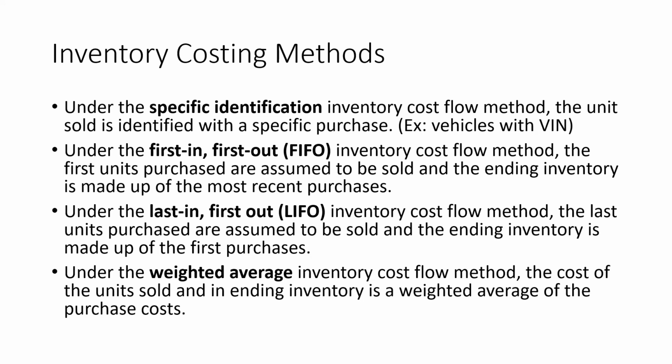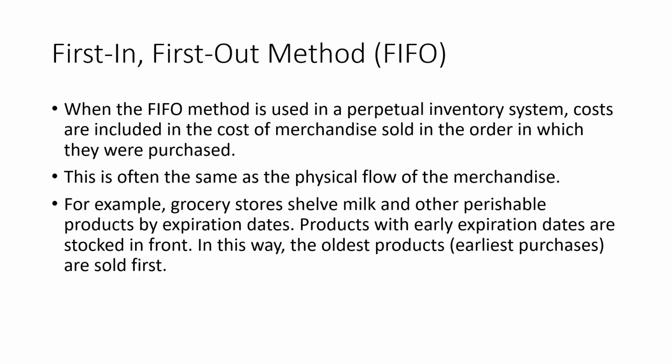LIFO would be when you assign the cost of the last units purchased to those that you sold first. So it's the opposite. And then weighted average, like I said, is you take the average of the cost of all the units. We call it a weighted average, and you'll understand why when we go through that example.